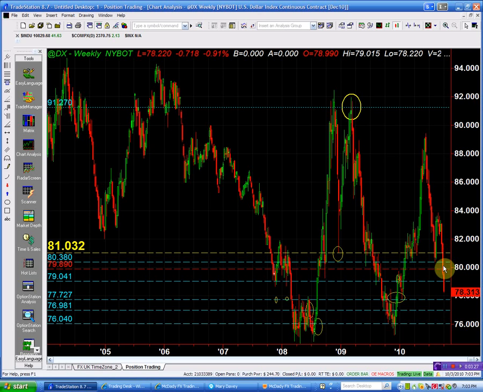Once it broke the structure, it broke it with momentum and with speed. There is this continuous liquidation coming into the dollar, and that is the evidence that the right side of the market is to the downside, and we should expect the selling in the US dollar to continue.